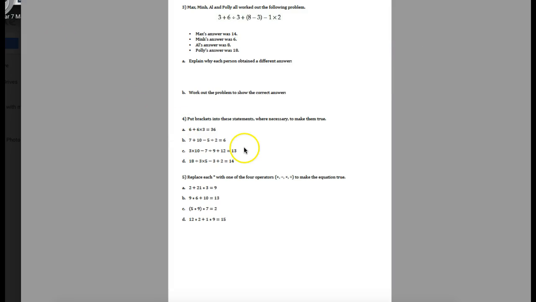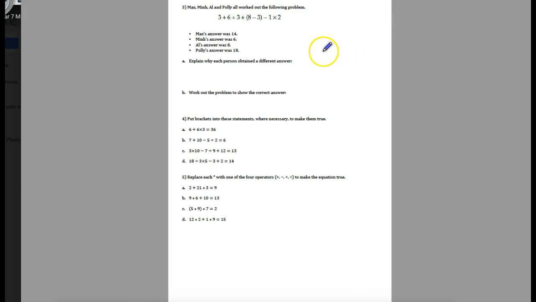All right, and lastly, question 5, replace each star with one of the 4 operations, plus, minus, times, or divide, to make the equation true. So what do we need to put here? Now 2 plus something equals 9. So 2 plus 7 equals 9. So how do I make this equal to 7? So 21, I'll write it over here.